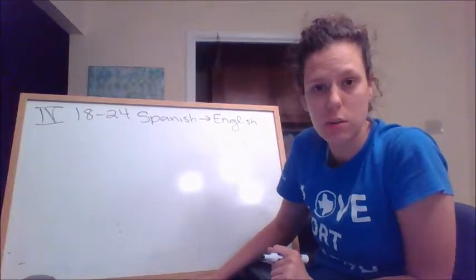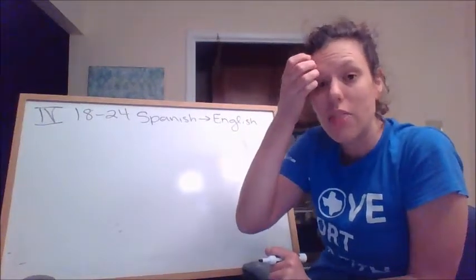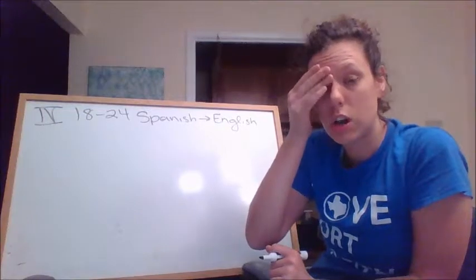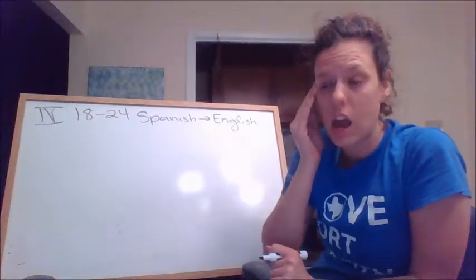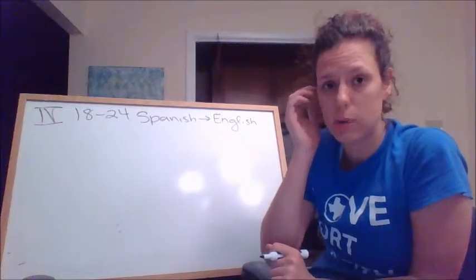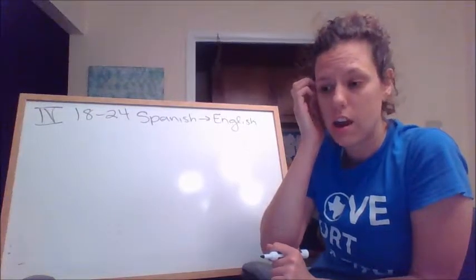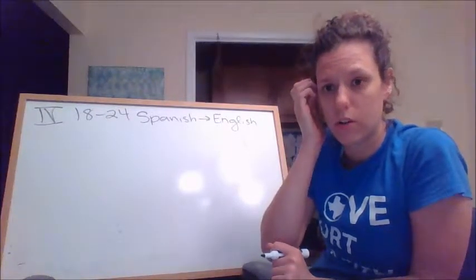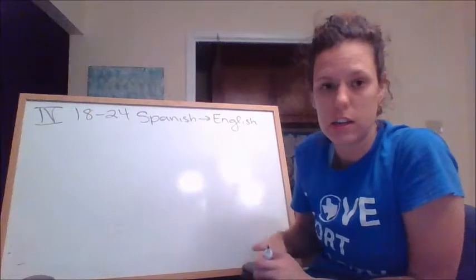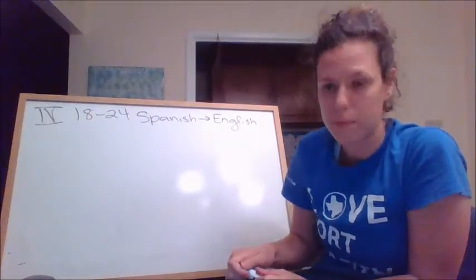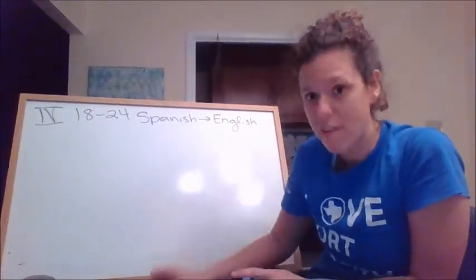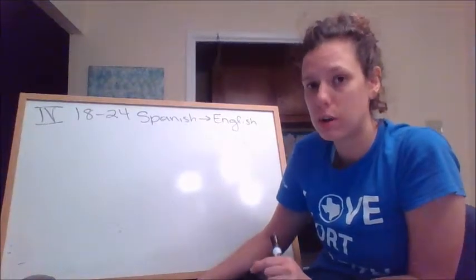If I didn't actually print it out and hand it to you, there is one on our Google Drive. So you should have our Google Drive written down somewhere. If you go to our class, RHSA Spanish 1, there is a document on there that says chapter 1 vocabulary, I think. And it should have all of the vocabulary words that I expect you to know from chapter 1.